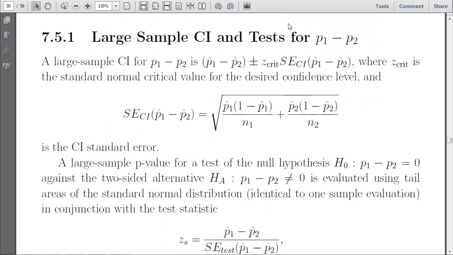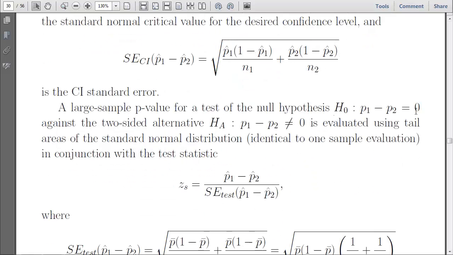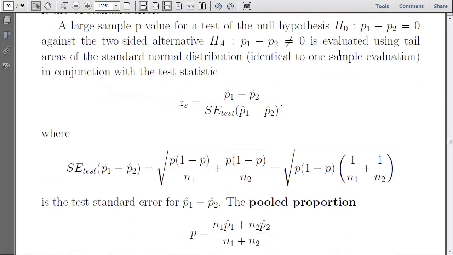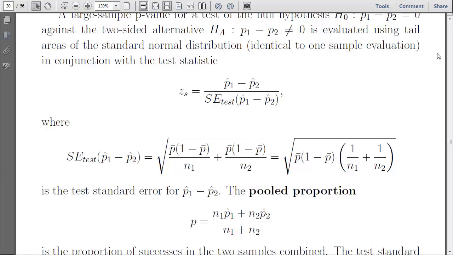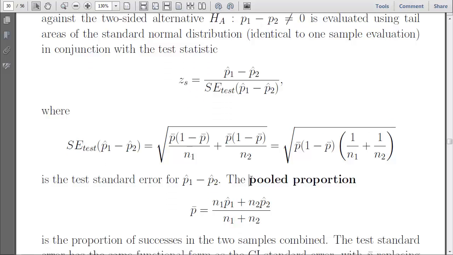Notice above when we did the confidence interval, we just plugged in our estimates for P1 hat and P2 hat. Well, down here, for the hypothesis test where we assume that the proportions are equal, we need some estimate of what that equal proportion is. And so we're going to use this pooled proportion, and we'll just call that P bar, sort of like an average of the estimates.